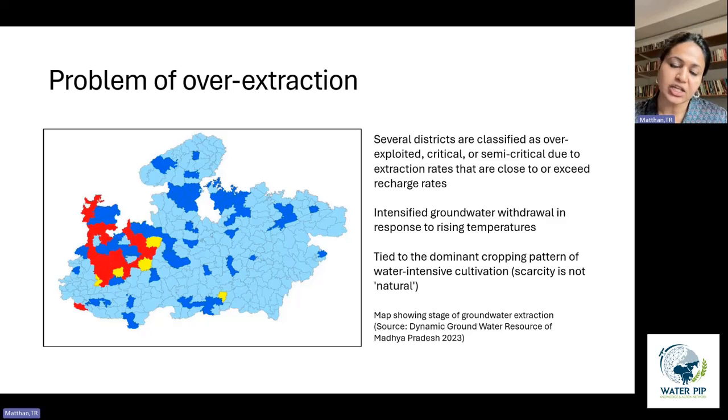And with climate change, we're probably going to see intensified groundwater withdrawal in response to rising temperature. But at the same time, I should note, as I mentioned earlier, in terms of the cropping patterns, much of this over-extraction is tied to the dominant cropping pattern, where the state has promoted very water-intensive cultivation, including crops like wheat in the winter, but also a range of vegetables like potatoes and onions, which do require irrigation.